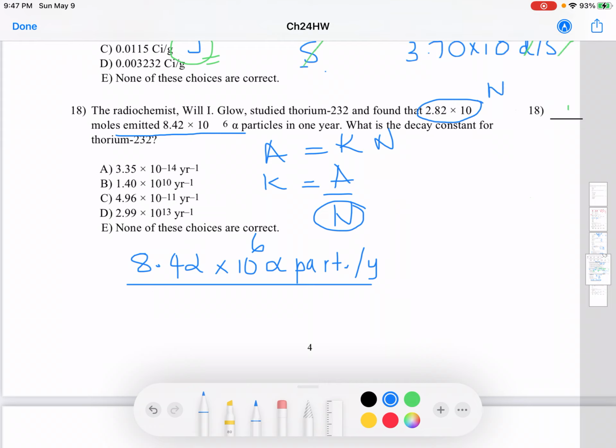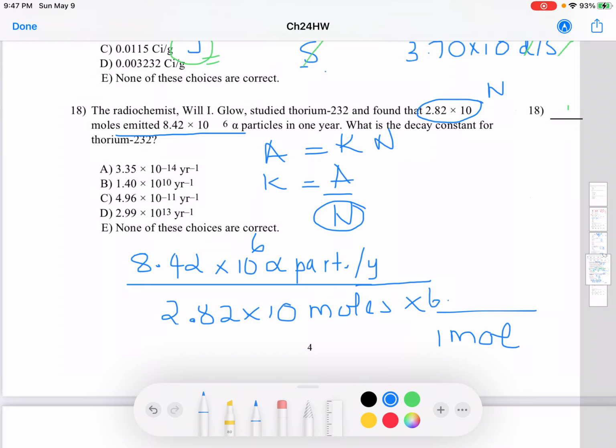Then 2.82 into 10 moles. And to find out the number of nuclei, if you take 1 mole, there are Avogadro number of nuclei. 1 mole has 6.022 into 10 to the power 23 nuclei present.